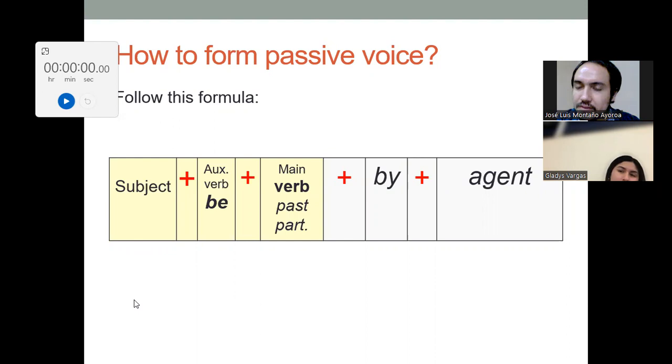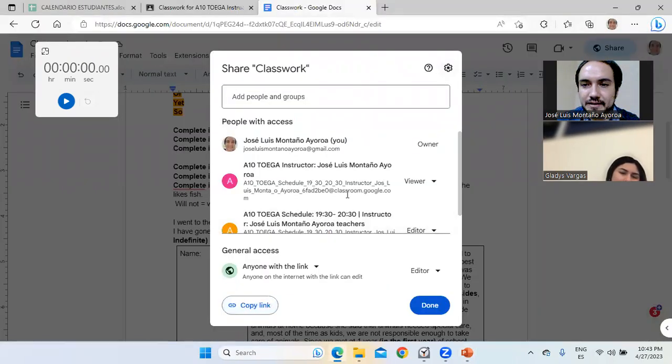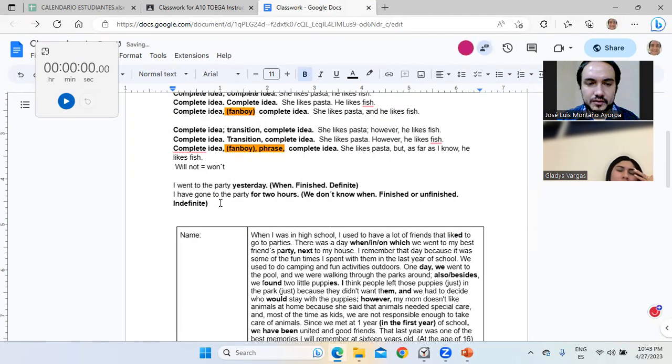Okay, yes, we're close to that one. Let's analyze if that's everything we need. We're going to write that. The link is in the chat once again to go to our document. Okay, so we have to pay attention to all the details, even when it's continuous, right?